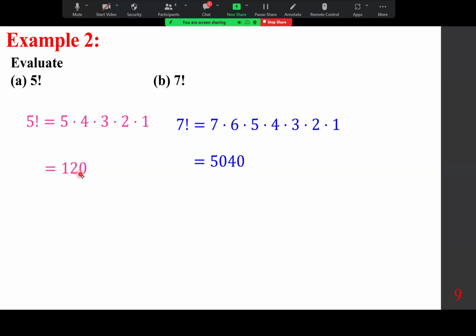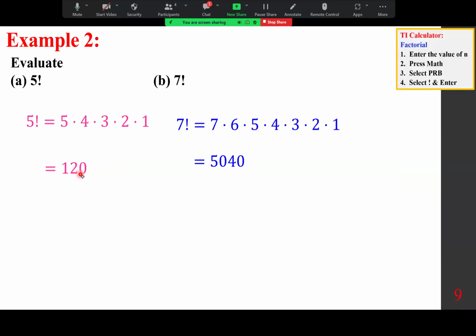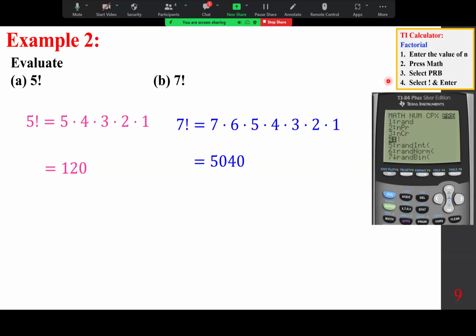Now, of course, mostly it's done by technology. So if you want to go with the TI calculator, you use factorial. You enter the value of n first, and then press math, select probability, and select the factorial. So it looks like this.